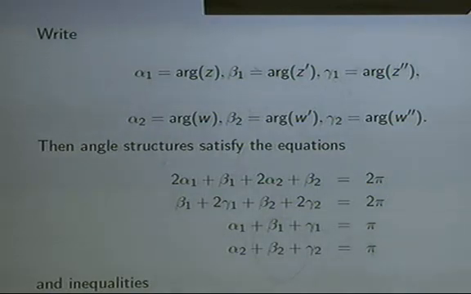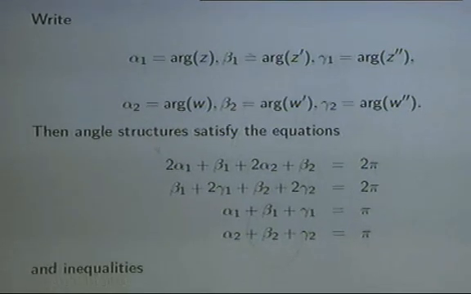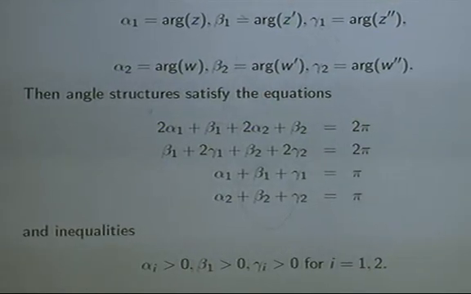And for a positively oriented tetrahedron, so for a geometric solution, all of the alphas, betas and gammas should be positive. So this is exactly what we have to solve to find angle structures on the figure 8 knot complement. And you can see it's exactly a kind of linear programming problem.